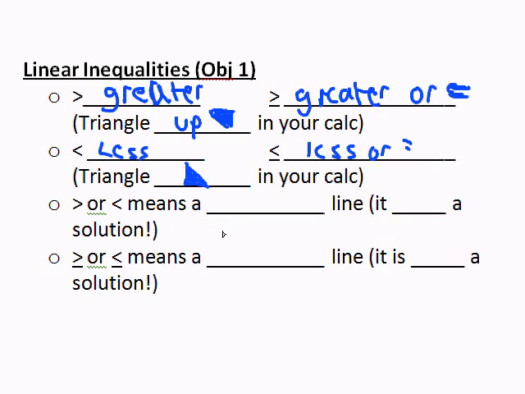Greater than or less than means a dashed line, and it isn't a solution. Greater than or equal to, less than or equal to means a solid line, and it means it is a solution.